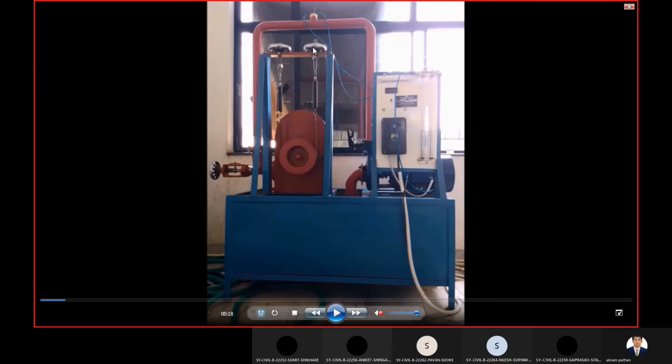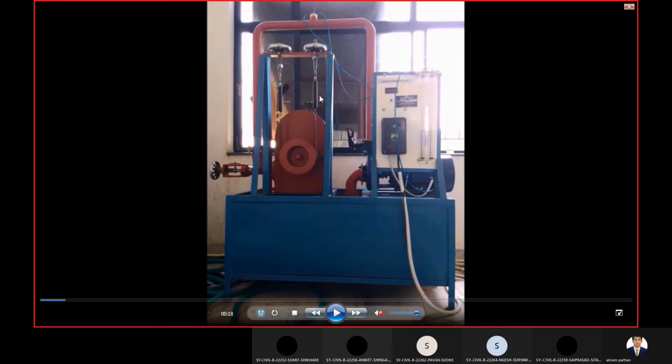Now to apply the load we have this drum. The drum is used to transfer the load to the turbine. This side of the drum is called the tension side and this is the slack side. With the help of this we can attach the load.